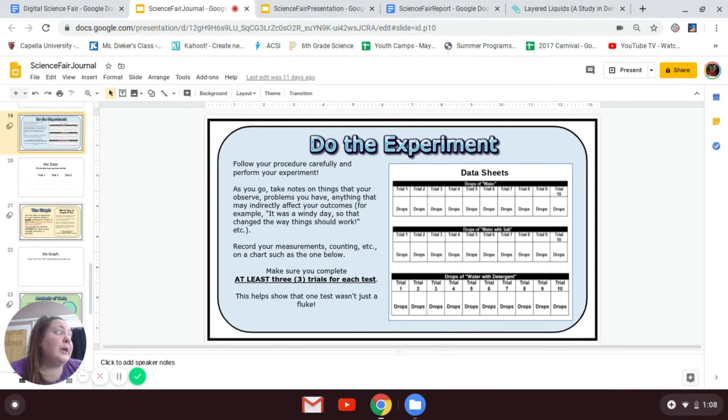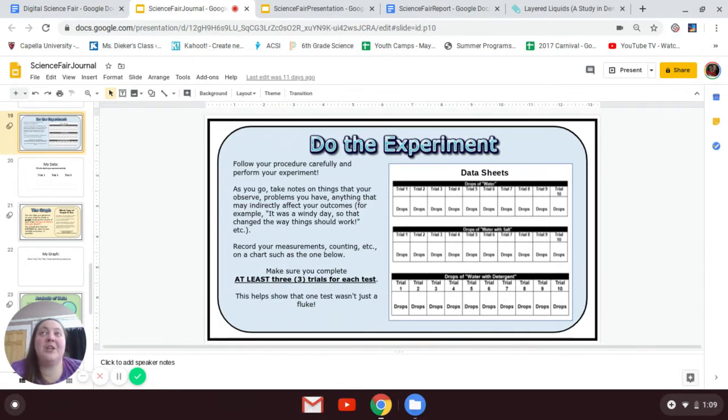So I would measure 1 teaspoon of baking soda, and I would do that experiment 3 times. And then I would measure 2 tablespoons or 2 teaspoons of baking soda, and I would do that 3 times. All right. So think about your experiment and how can you test it 3 different times.